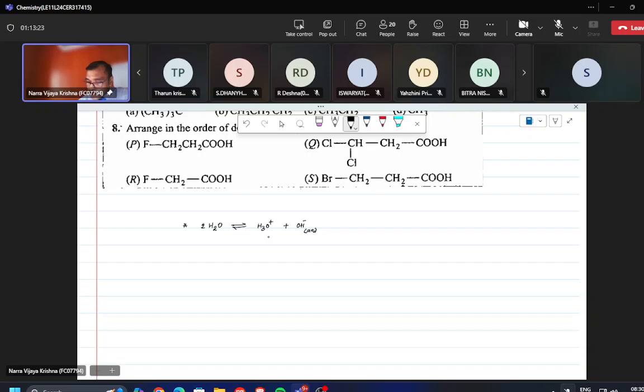What we call it is self-ionization or autoprotolysis. So for that, what will you write? Equilibrium constant K equilibrium is equal to the concentration of H3O plus times the concentration of OH minus upon the concentration of H2O. I will not write the square.